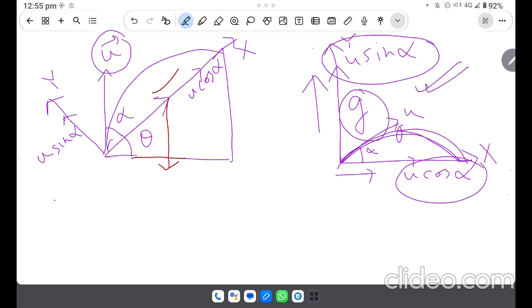Okay, so this is the g, right? Just like the previous one, here this angle is theta. So this will be the vertical component of g, g cos theta, right? And along this direction, we will get g sin theta.